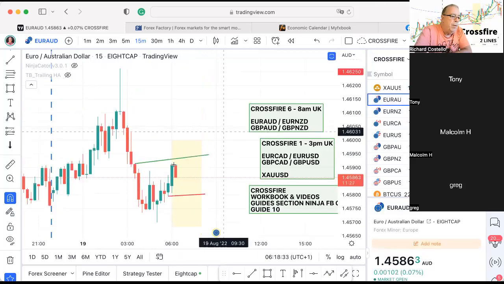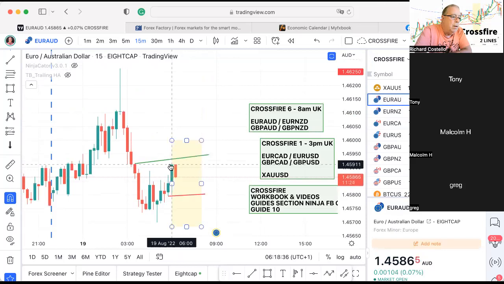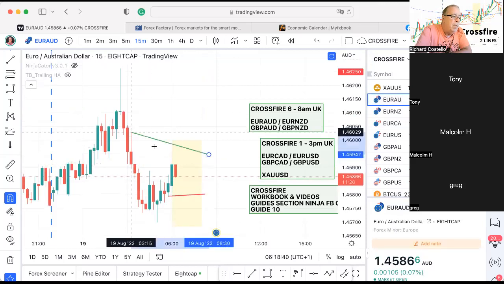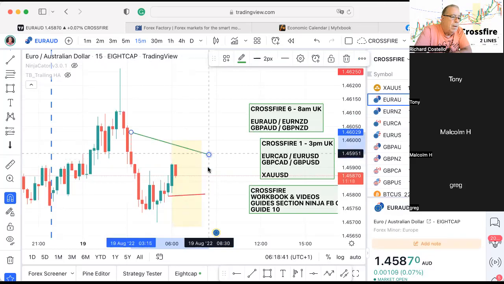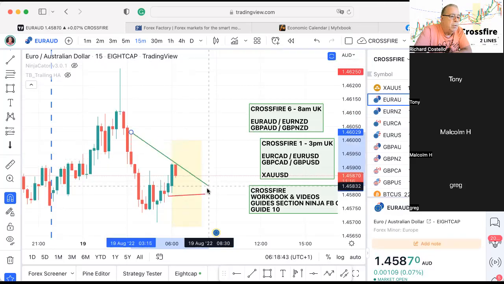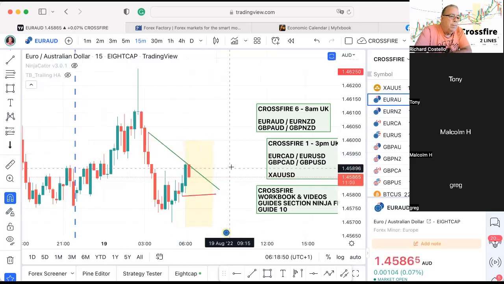So the top of the 6 o'clock wick is there, so I just need to put that up there and then get a second touch.